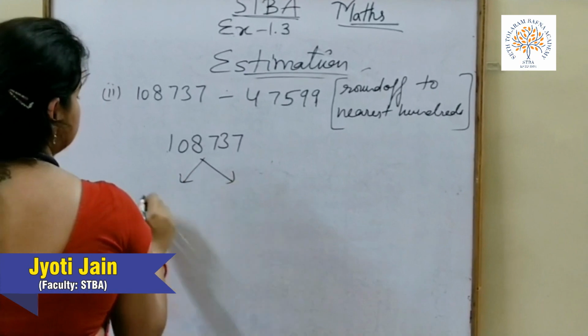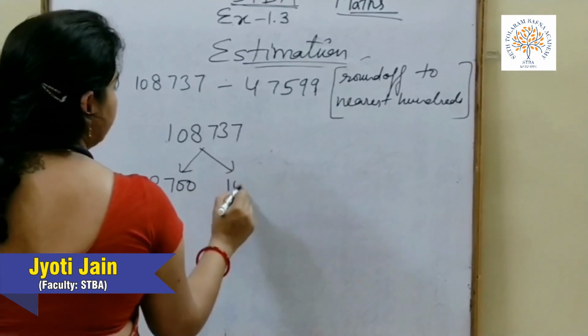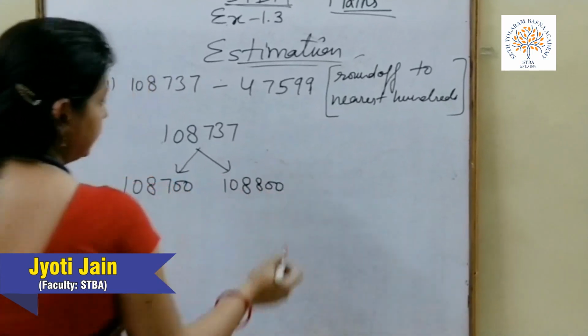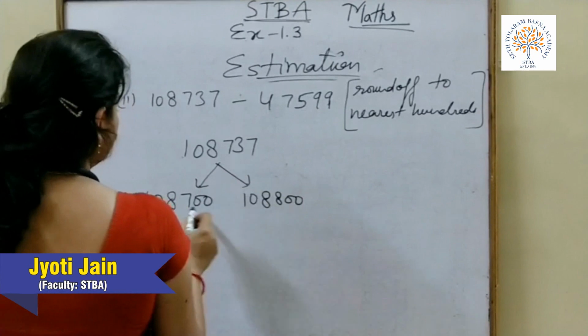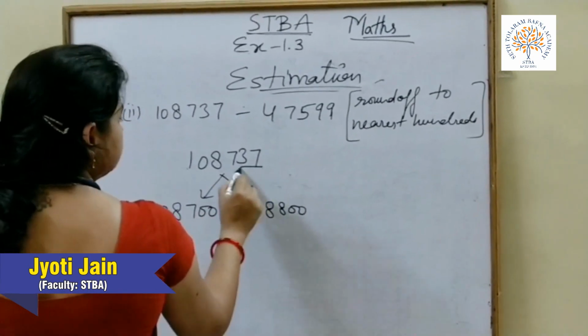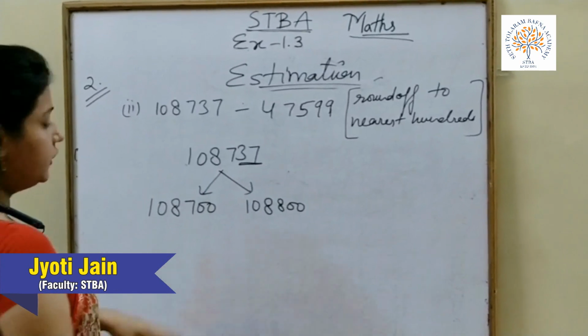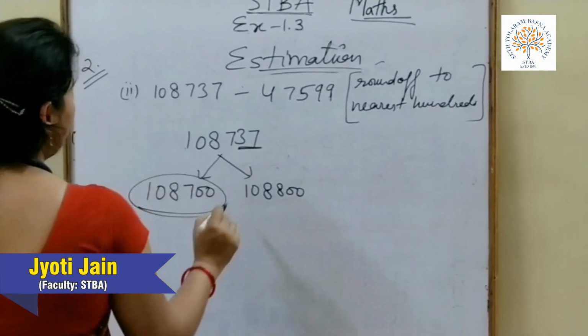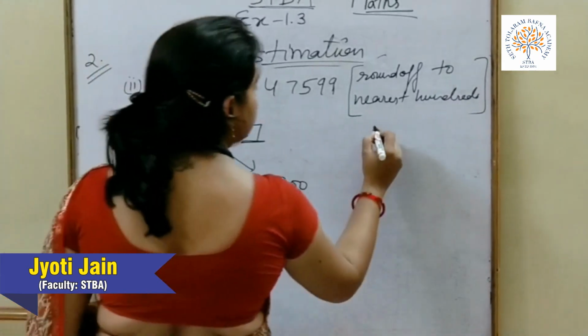The nearest hundreds are 1,08,700 and 1,08,800. The last two digits are 37, and 37 is less than 50. So it will be converted to 1,08,700.